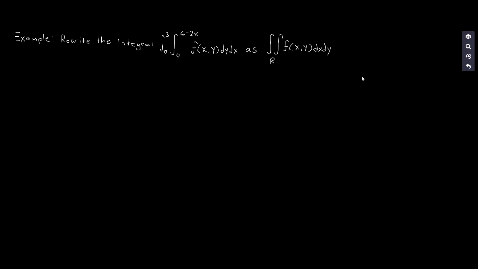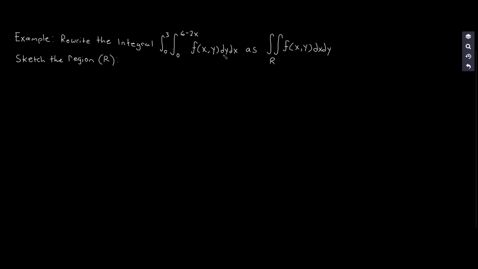To do this, the first thing to do is to sketch the region. We're going to sketch the region R. From the bounds, the dy bounds of integration, that's what bounds y.